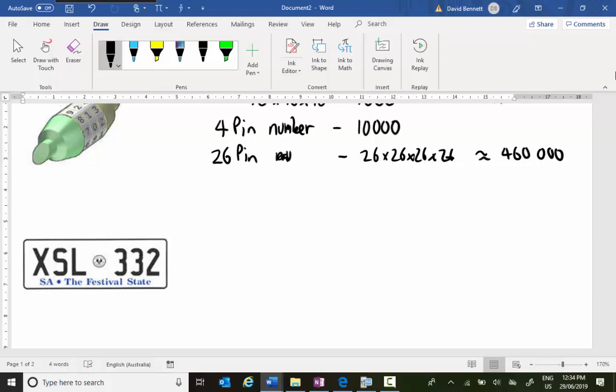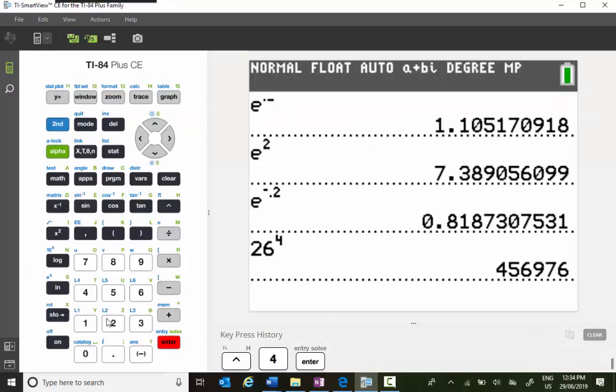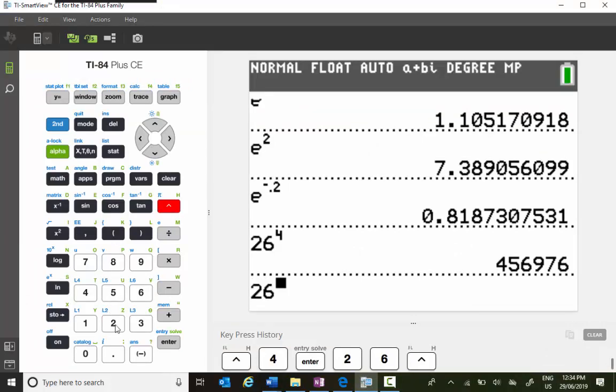So with this combination of number plates, you've got 26 for the first letter, 26 for the next, 26 for the next, and then 10 by 10 by 10. If we do that in our calculator, that would be 26 to the power of 3 times 10 to the power of 3, or I could just say times 1,000.